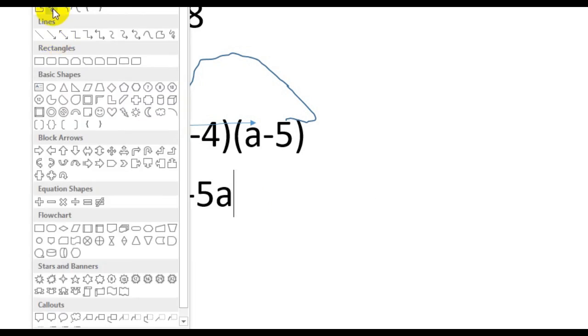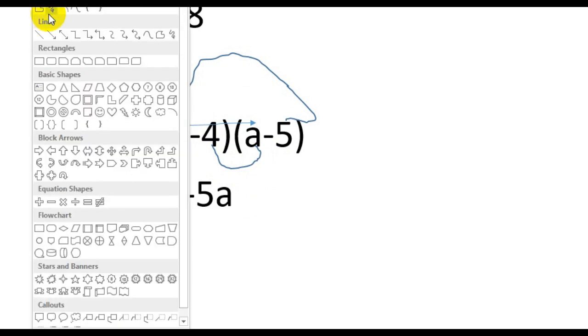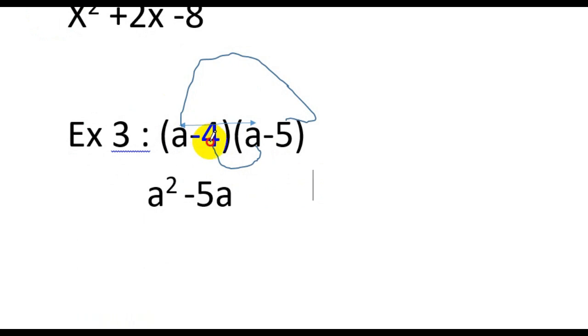So we multiply 4 by a, then again we multiply this 4 by 5. As I mentioned, when you are multiplying, you must consider the operator as well.